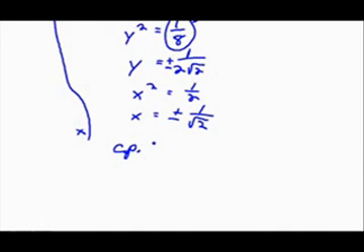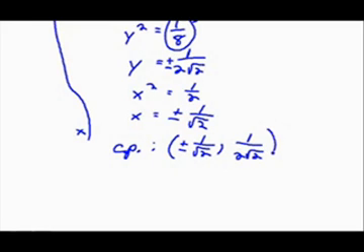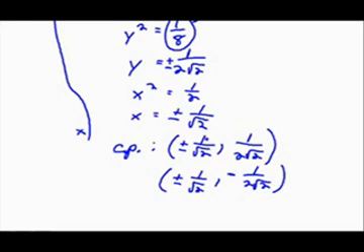Well, I think there's going to be 4 of them, so one way to list them is like this. Plus or minus 1 over root 2 is going to correspond to 1 divided by 2 root 2. So that's 2 of the points right there. And then plus or minus 1 over root 2 could correspond to negative 1 over 2 root 2. Okay, so there's all 4 critical points on the boundary.